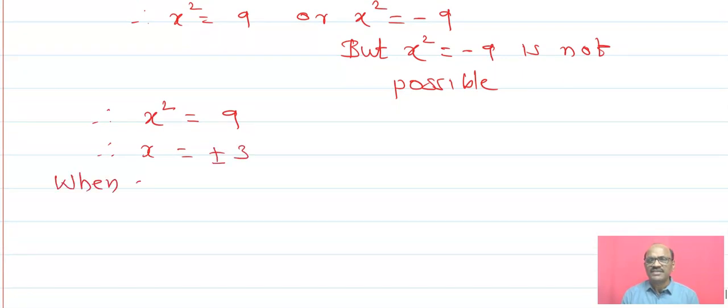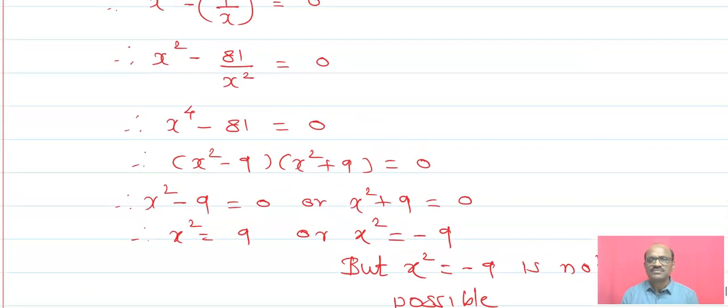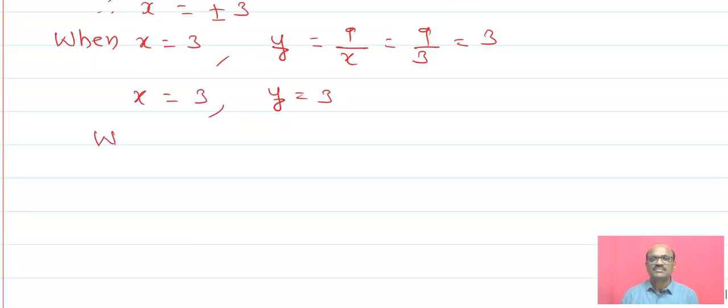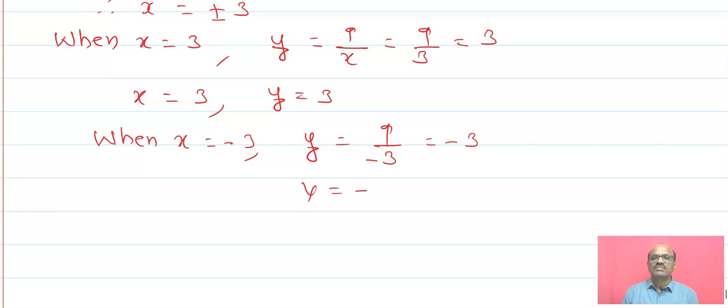And again, when x is equal to 3, then y is equal to 9 upon x, that is y is equal to 3, and when x is equal to minus 3, y is equal to minus 3.